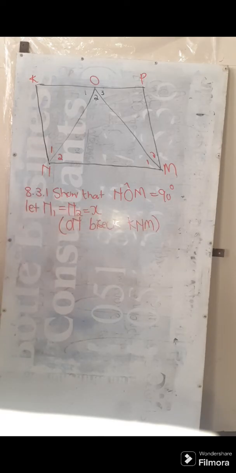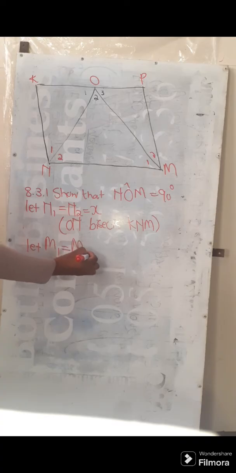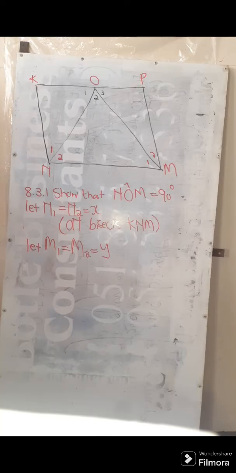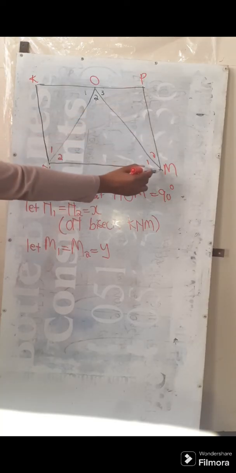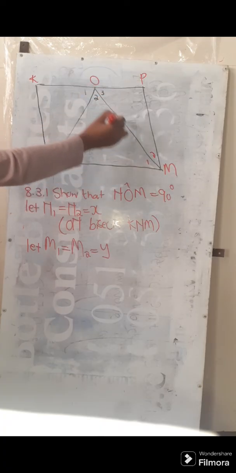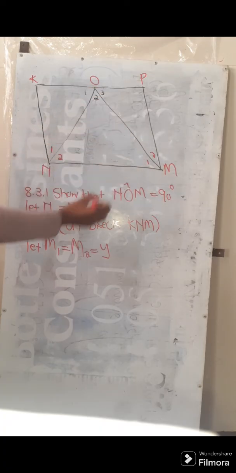Another thing that we can do is let M1 and M2 be y. So M1 equals M2, and they will both be y. That is the same reason, as you can see that PMN is bisected by OM.